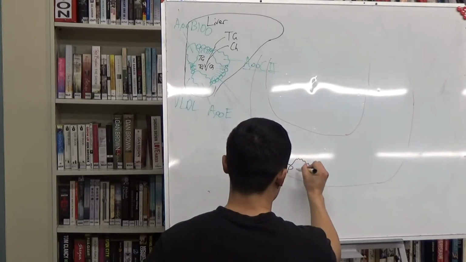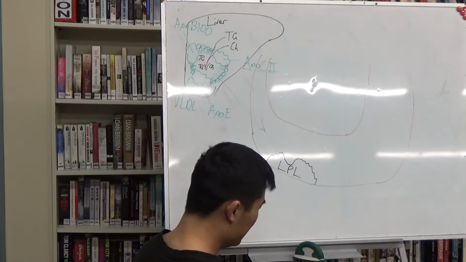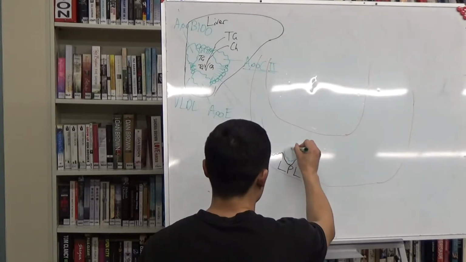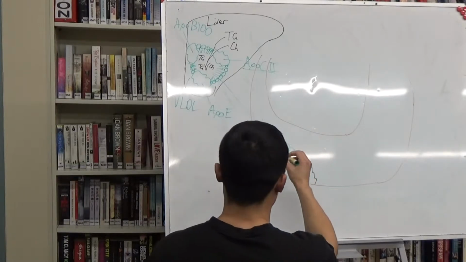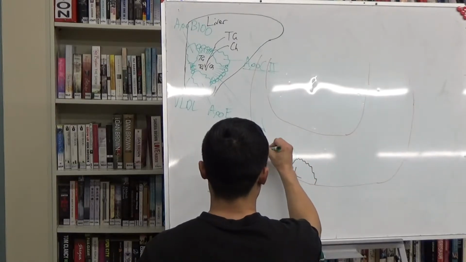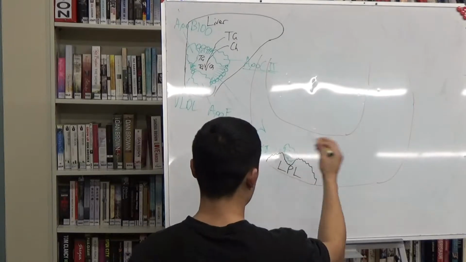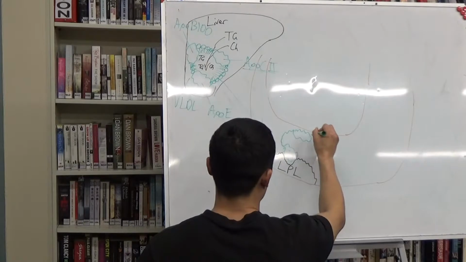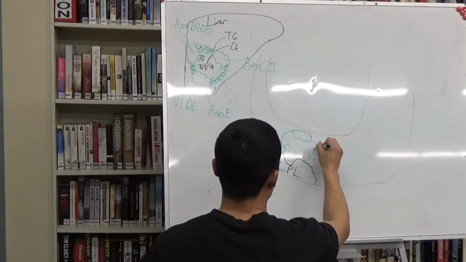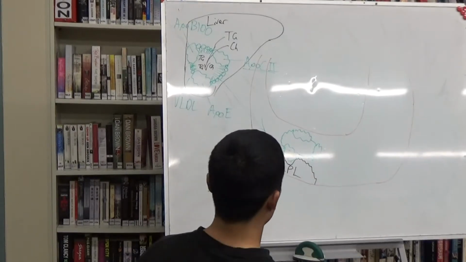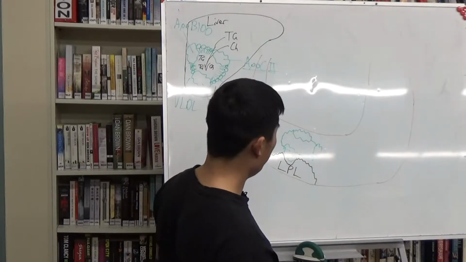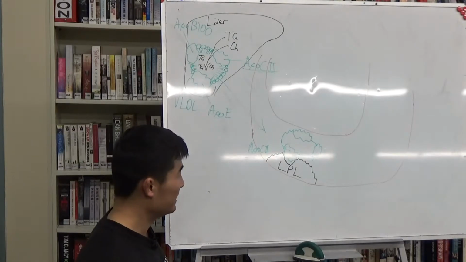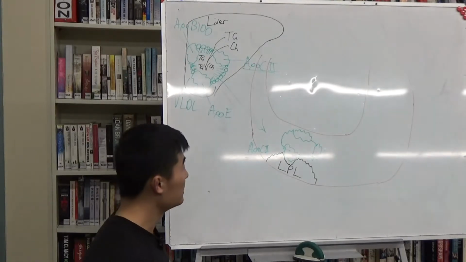So this is your lipoprotein lipase, and it's going to bind to this thing here, which is ApoC2, but this time it's a VLDL. So remember that lipoprotein lipase can bind to both VLDLs and chylomicrons because they both have the ApoC2 apoprotein.